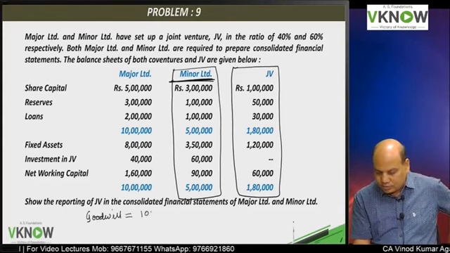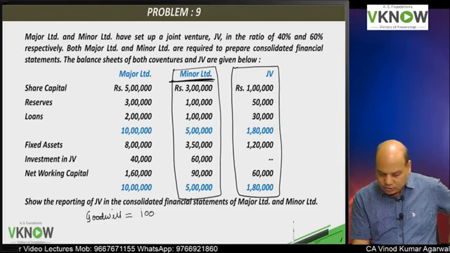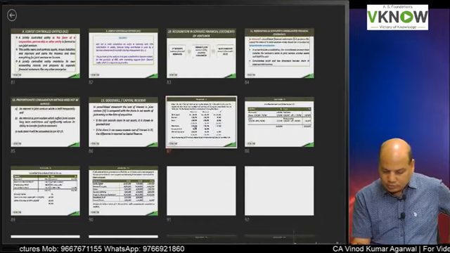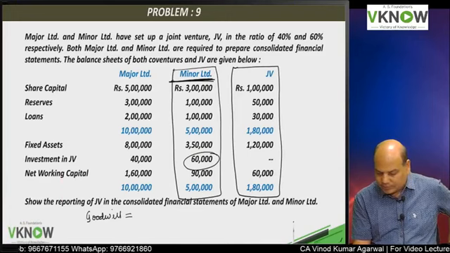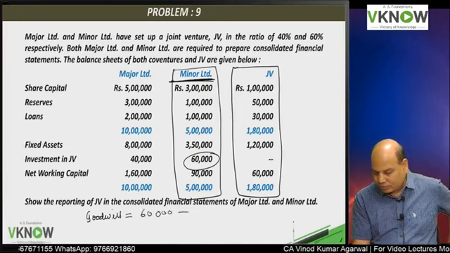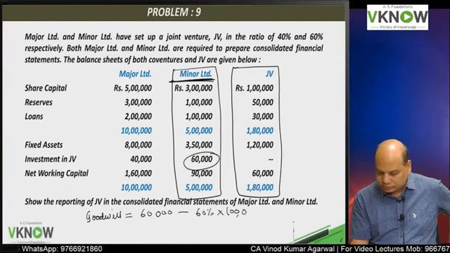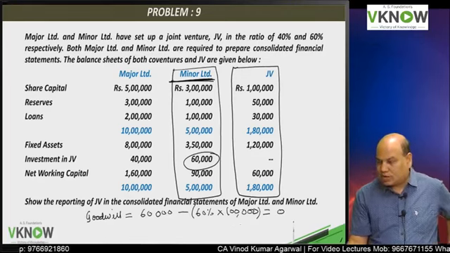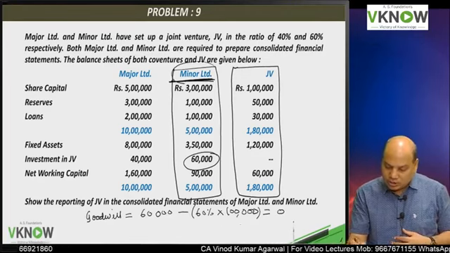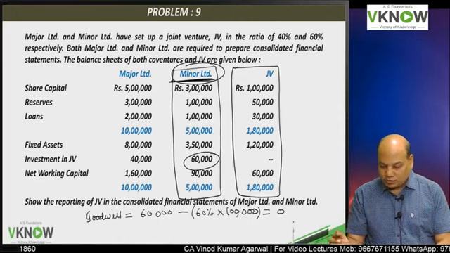Goodwill will be investment in subsidiary, 60,000 minus 60% of 1 lakh, 0. Same answer for minor limited also, goodwill is 0.